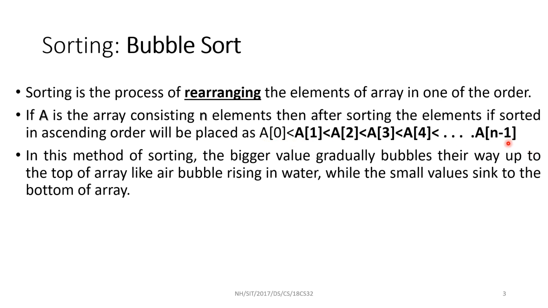The last element will be the maximum of all. The first element is the smallest among all the elements. In this method of sorting, the bigger value gradually bubbles to the top of the array, like an air bubble rising, while the small values sink to the bottom of the array.